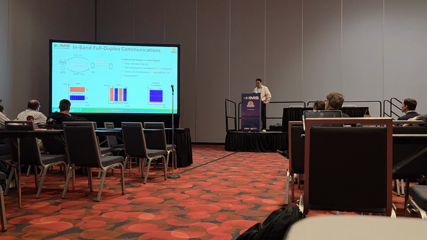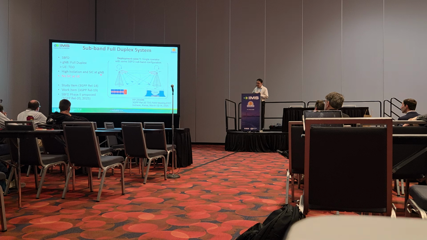This can happen also in gNodeB, but UEs are very close to each other, so there is no way to cancel this cross-link interference. Actually, that's one reason we cannot deploy this full duplex system in 5G, even though it was talked about all the time.